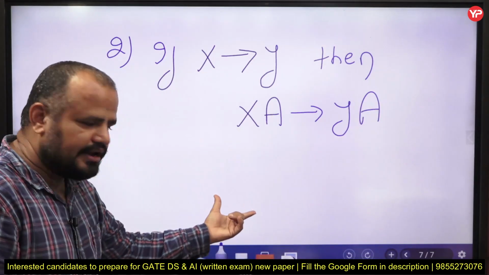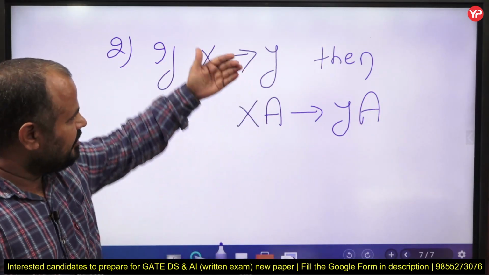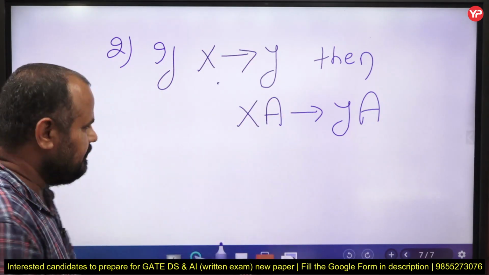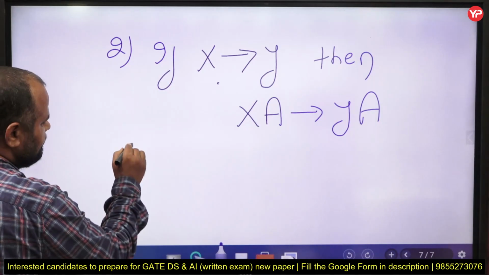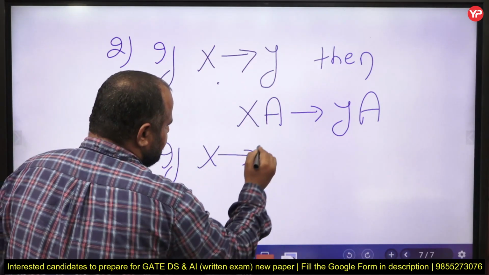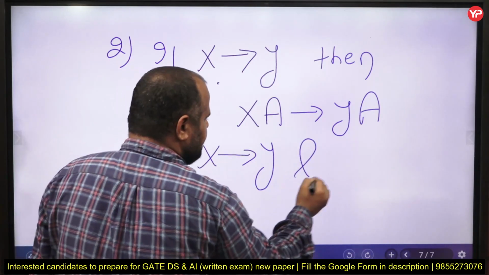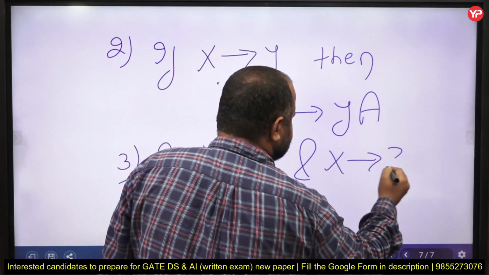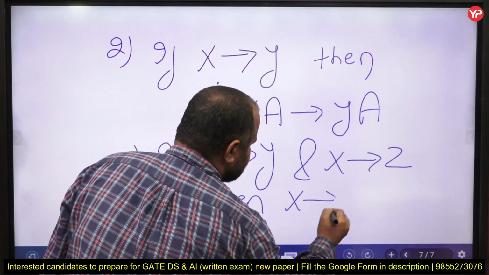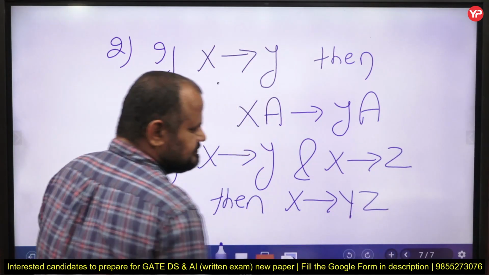You can make a diagram, you can make a table, and if you hold this property, then automatically this property will be held. Fine. The third property is union. That is, if x determines y and x determines z, then by default x also determines YZ.